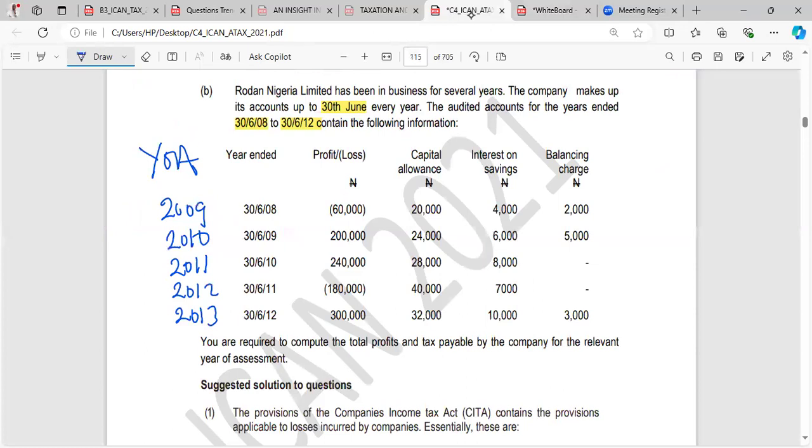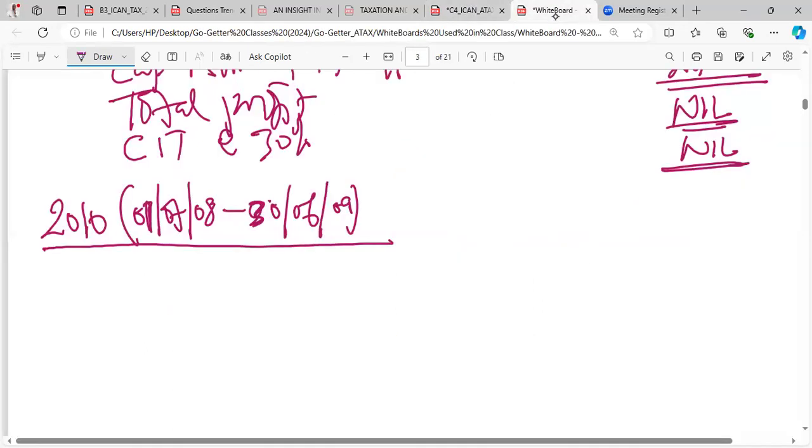We were given profit 200,000. So we have profit to this side now, 200,000.